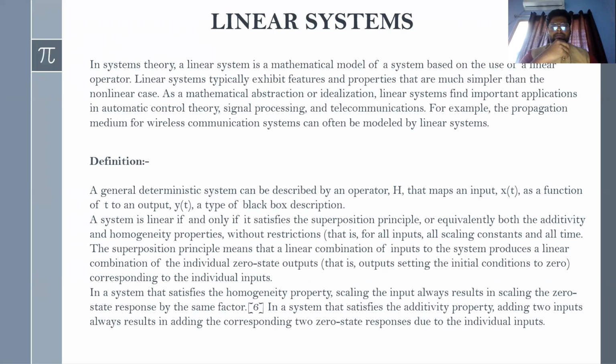In a system that satisfies the homogeneity property, scaling the input always results in scaling the zero state response by the same factor. In a system that satisfies the additivity property, adding two inputs always results in adding the corresponding two zero state responses due to the individual inputs.